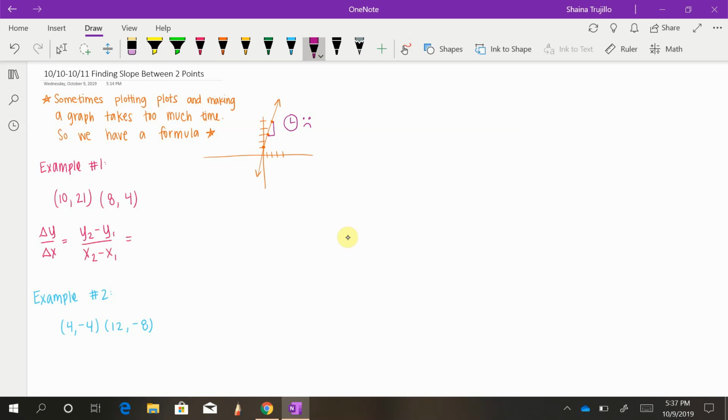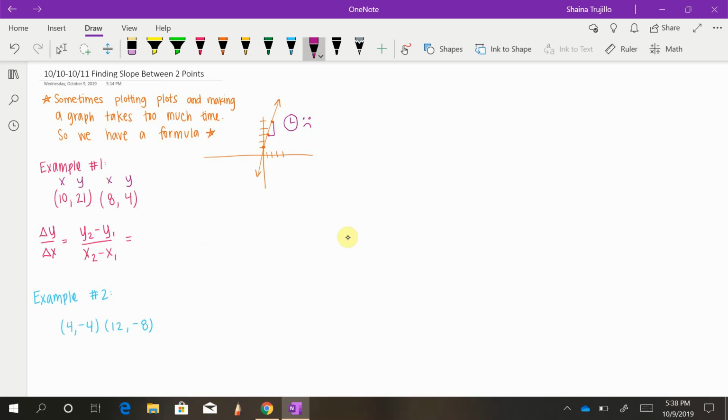So we have our first coordinate point right here, 10, 21. Okay, if you remember from 7th and 6th grade, we have an x and a y point. The x point is on our left, the y point is the one on the right. Okay, now here's where our little sub numbers come from.